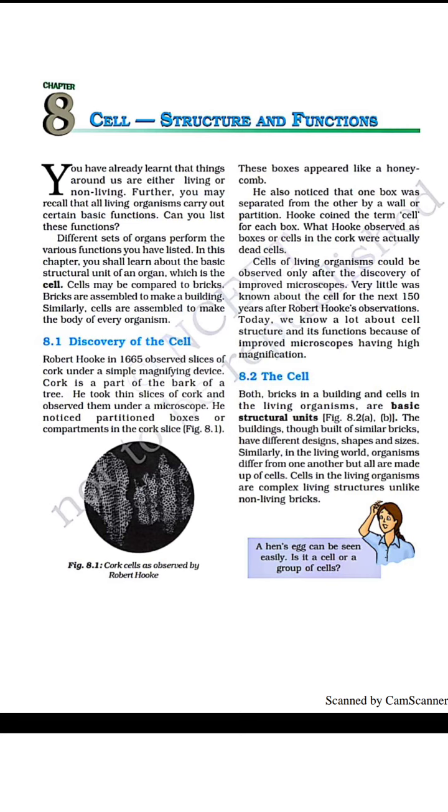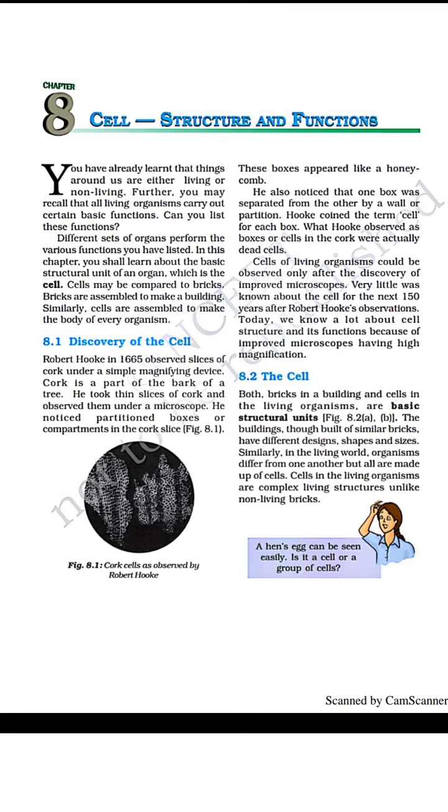So what are these cells compared to? If we see in our surroundings, if we are starting a building, then it is started with the help of a single brick, and they are arranged to make the shape of a wall, and when these bricks are assembled, the wall is made, and after that a building is prepared. So we can say that cells are also similar to these building blocks or bricks.